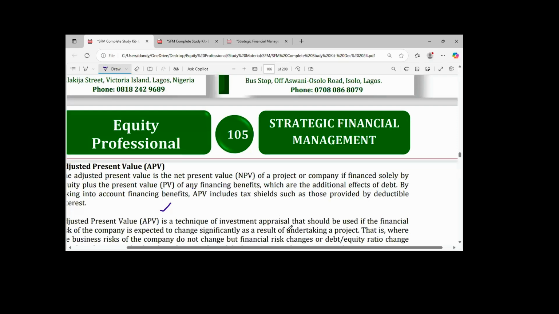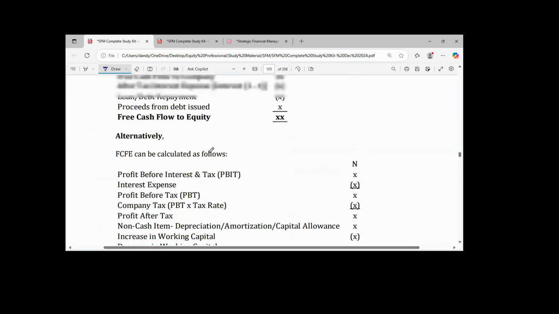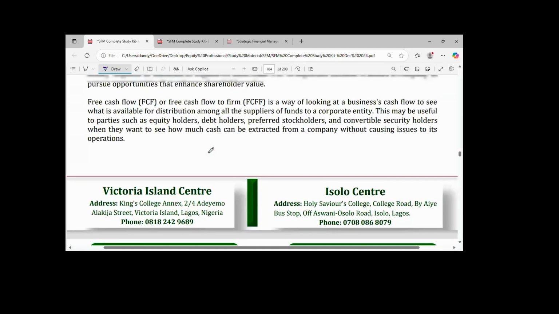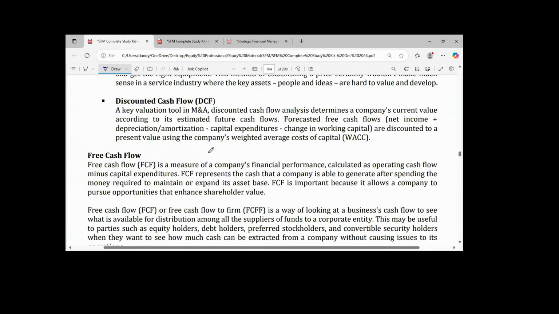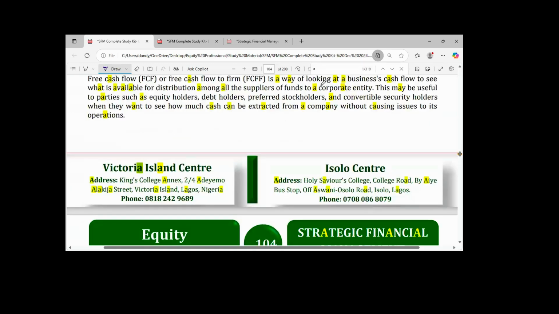I hope this is not valuation, because let me see. I was wondering if that's the procedure. Yeah, it's valuation. I'm using valuation APV to explain, let me try it again.